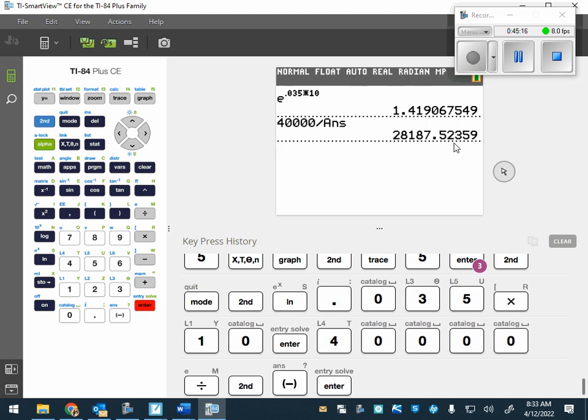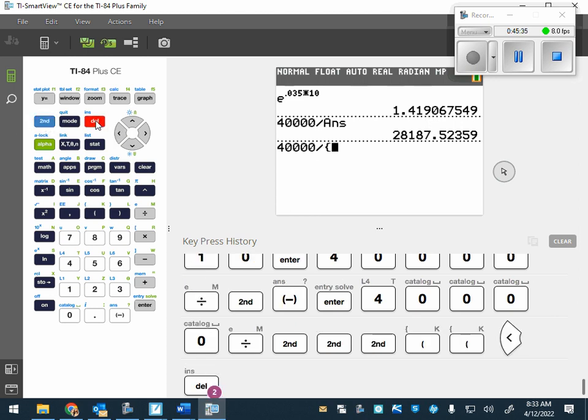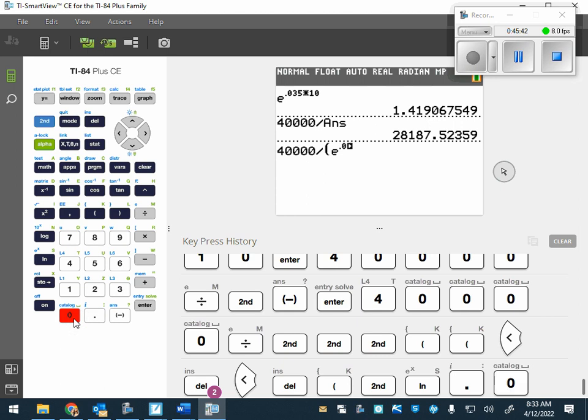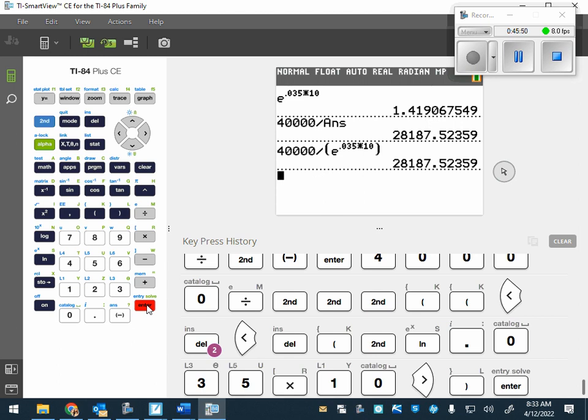Yes, Euler's number, yep. Okay, so you could have also done this, $40,000 divided by, second, oops, I'm going to do parentheses first. Parentheses, second ln, 0.035 times 10, close parentheses, and you would get the same result.